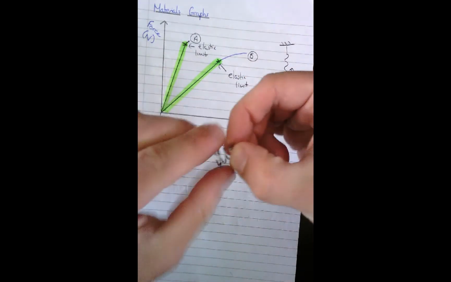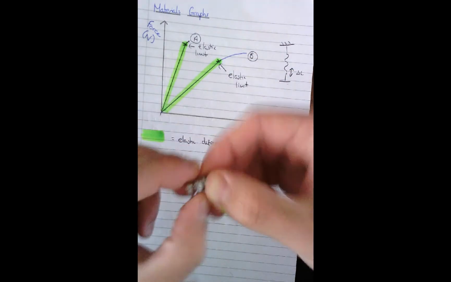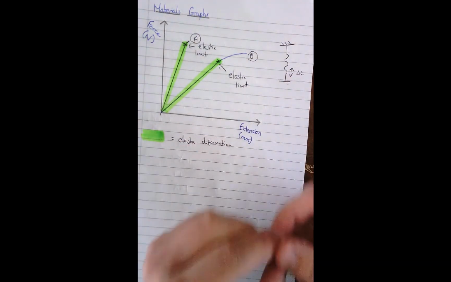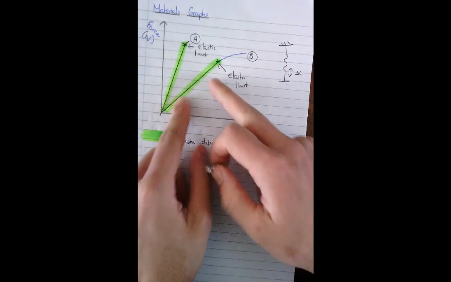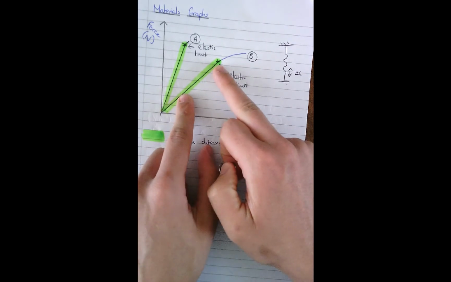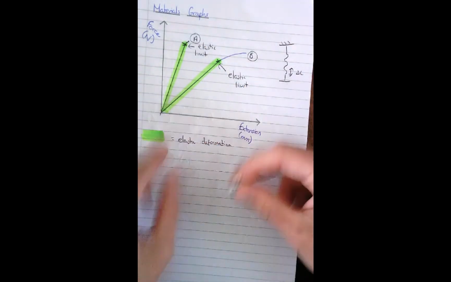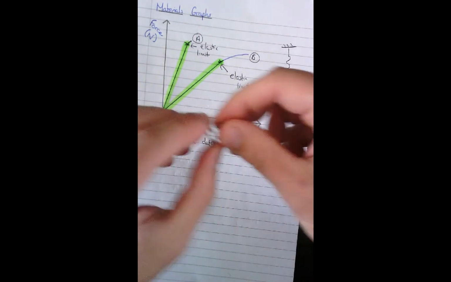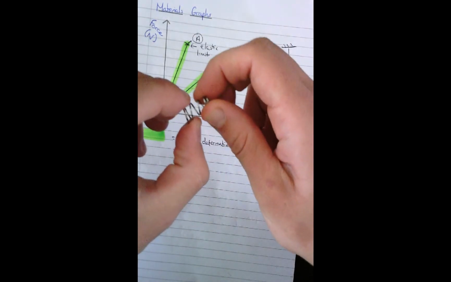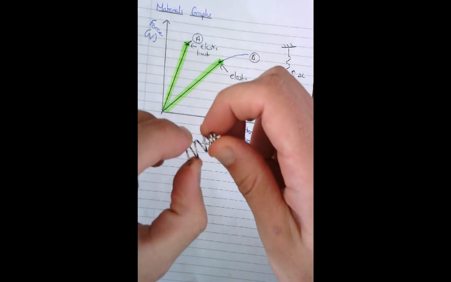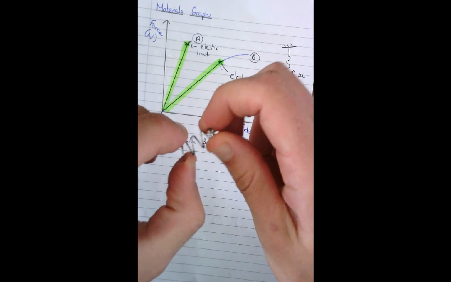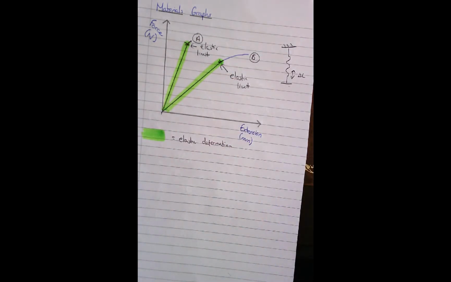Now, if I was to extend this spring too much, and you may have seen this with your required practical from GCSE, it will go past the point where it will return back to its original length. So it's elastic deformation so long as the force is directly proportional to the extension, and when I remove that force, it goes back to its original length.